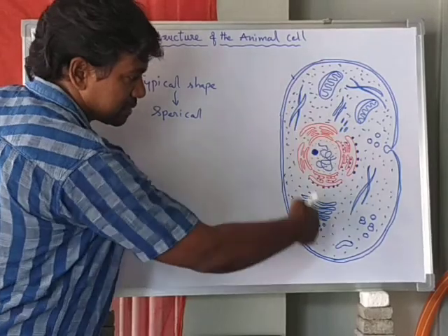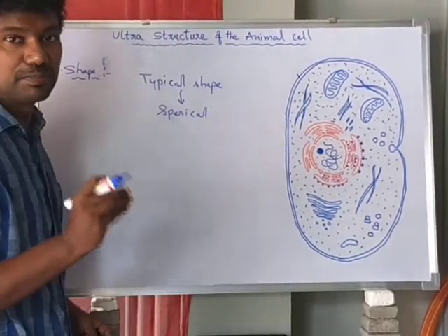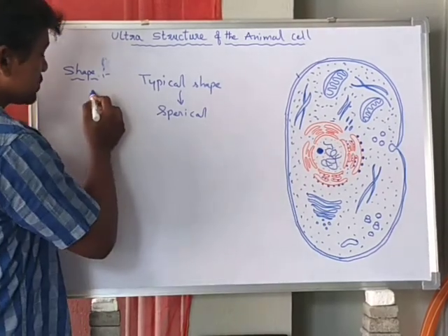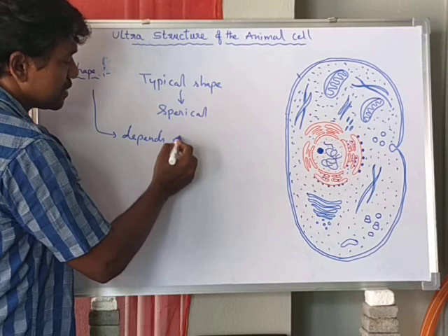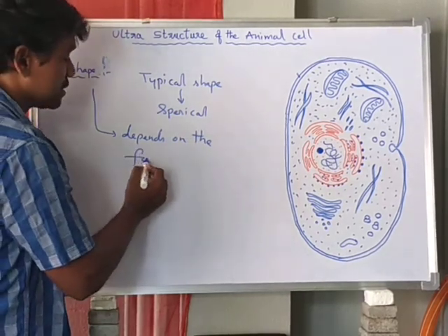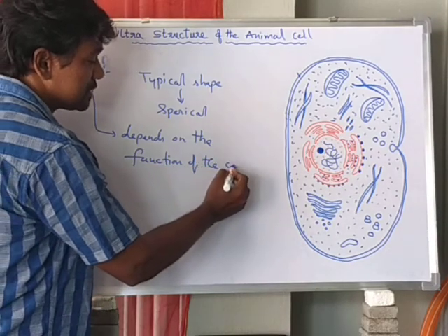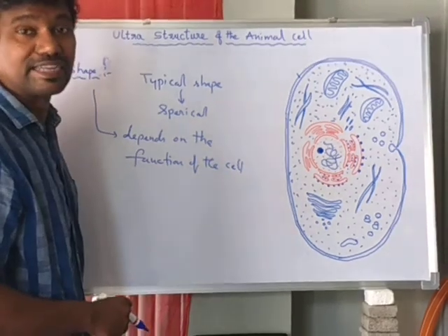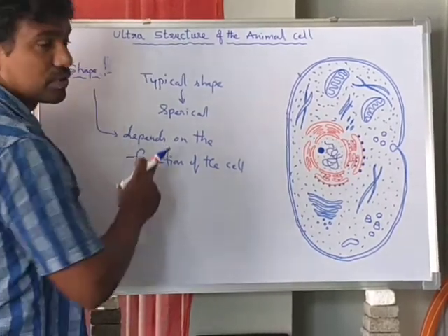Generally the shape of the cell depends on the function of the cell, and on internal and external factors of the cell. So this is about the shape.